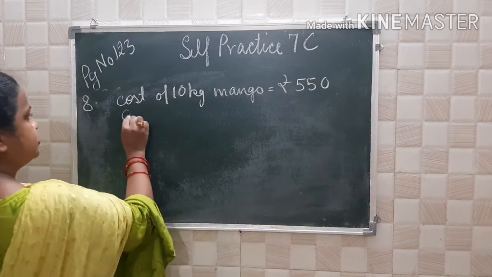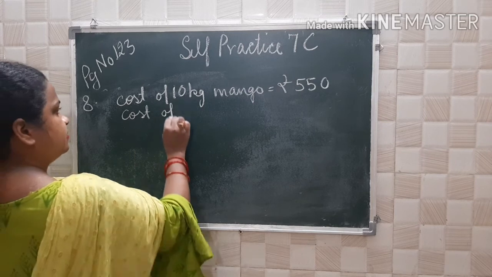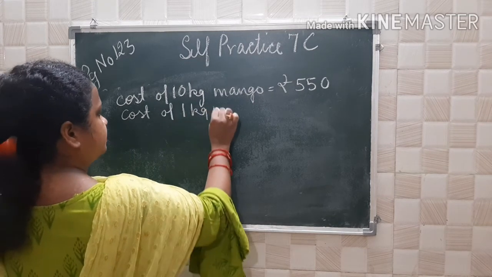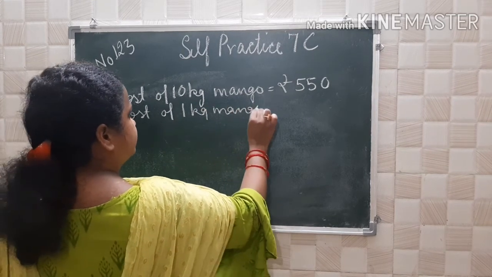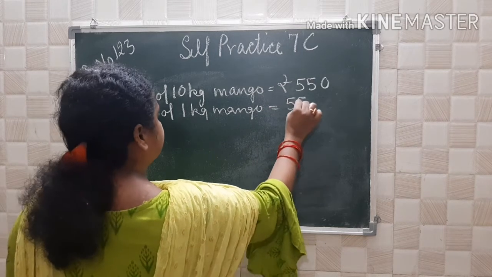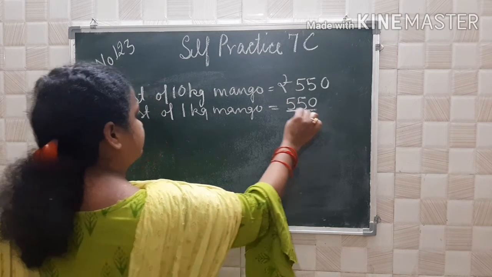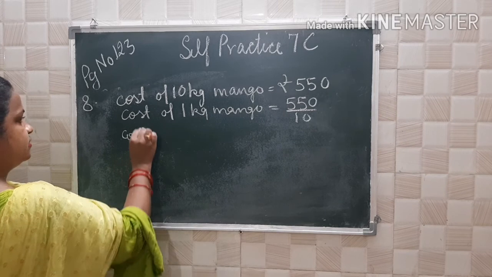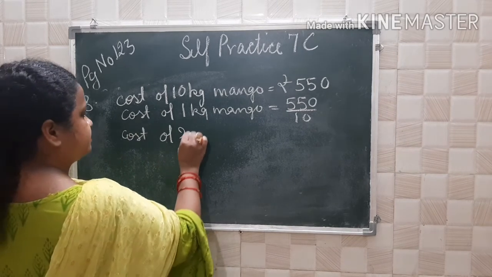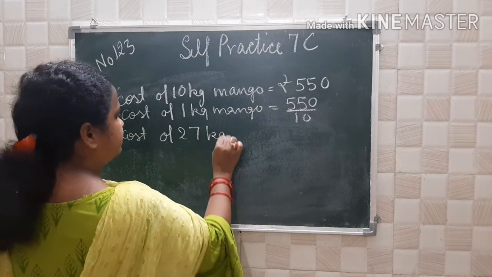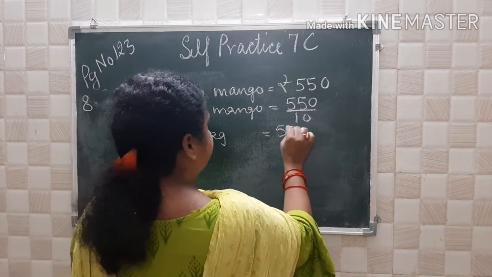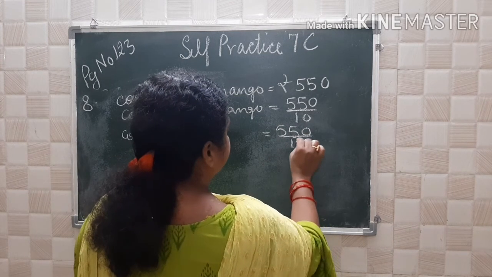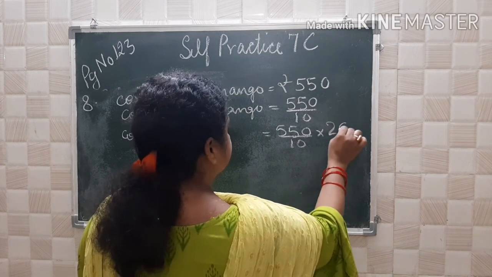Cost of 1 kg, 550 upon 10, and cost of 27 kg will be how much? 550 upon 10 into 27.